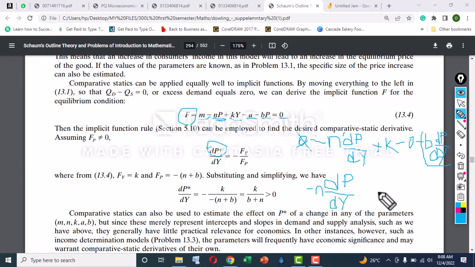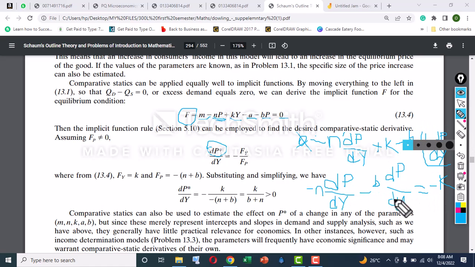I want to bring them together, so minus n dp dy minus b dp dy equals to, then this k I bring it like this, turns to minus k.